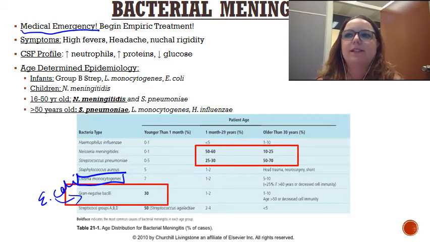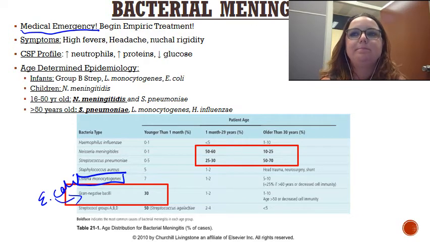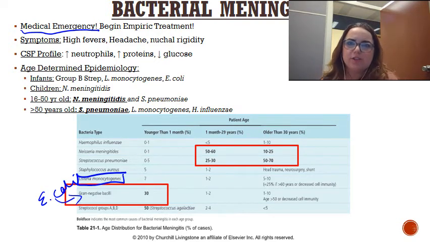But otherwise, vanc and ceftriaxone is a good place to start because that's going to cover a lot of these bad guys. So you're going to get that lumbar puncture, you're going to get the blood, and you're immediately going to put the patient on empiric therapy before you get the results back. When you get the results back, you can adjust your treatment plan, but we're not going to wait.